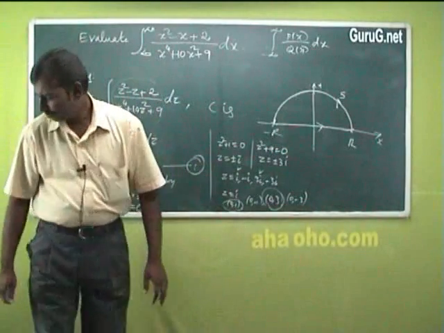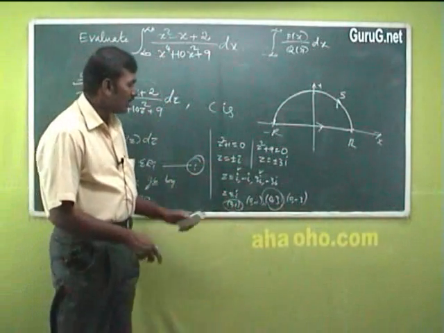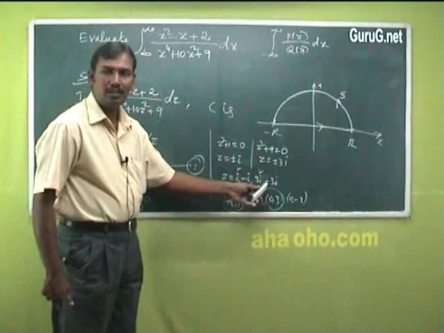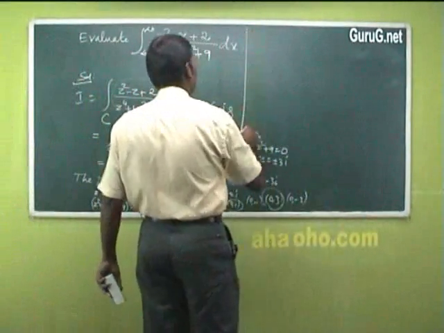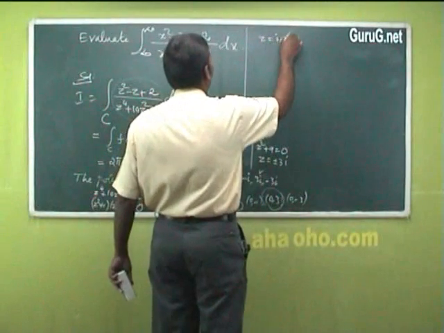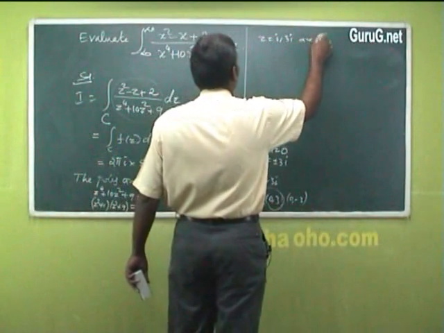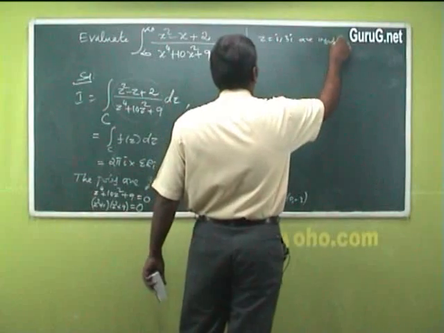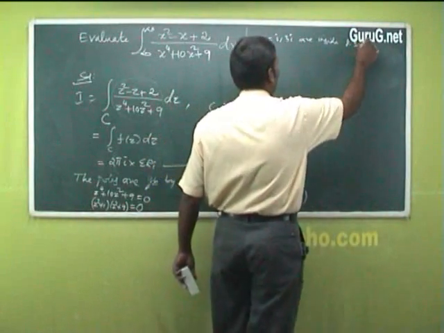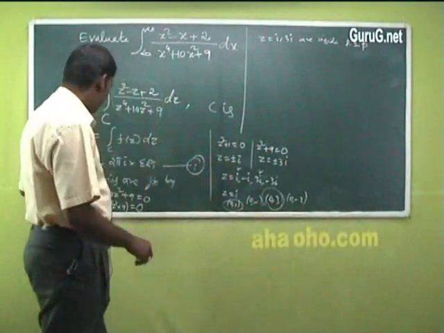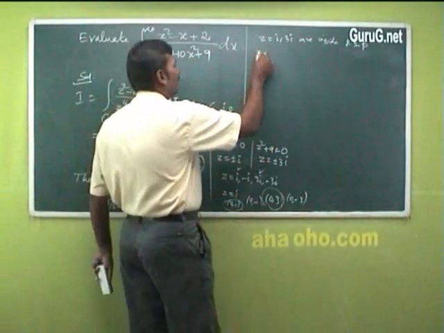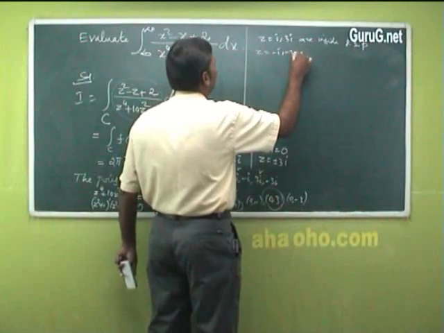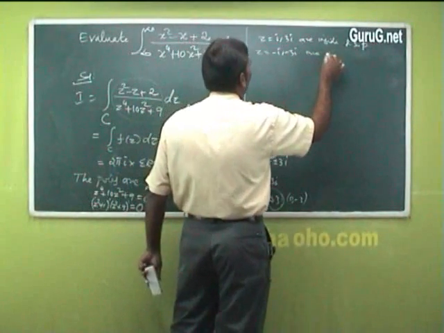Clear? So we need the residue at z equals I and z equals 3i. The residues at z equals I and 3i are inside, and they are simple poles. What is the power? It is 1 for both. Right? And z equals minus I and minus 3i are outside.